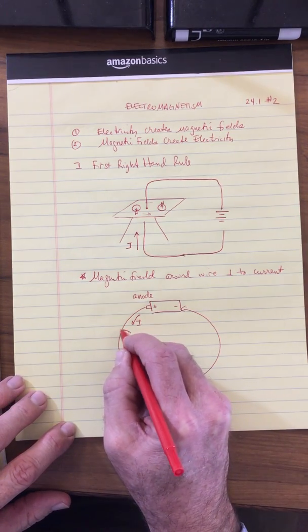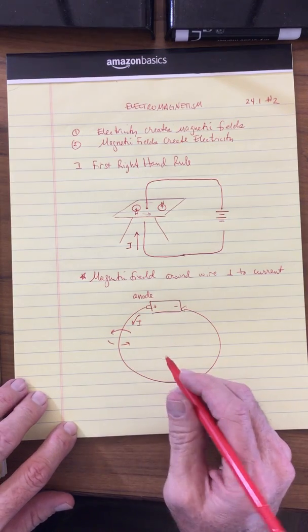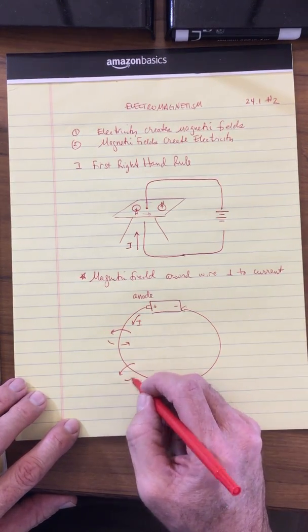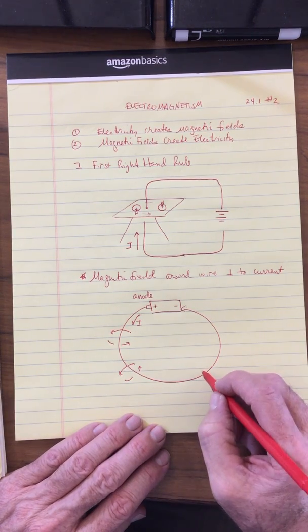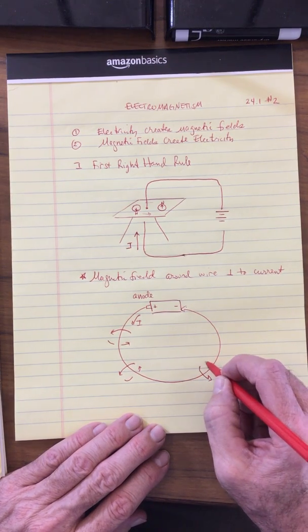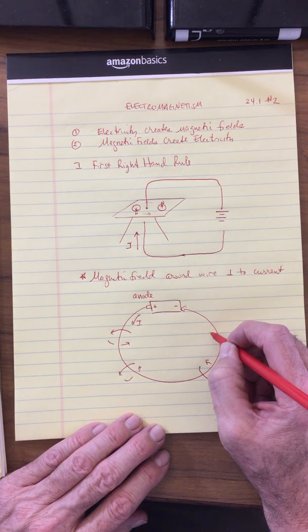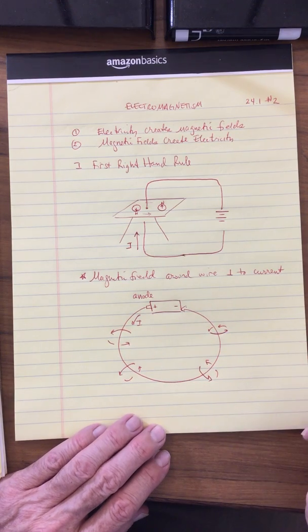They're going to be going over the wire here, yet under the wire here. Keep going around, over the wire here, and then under here.